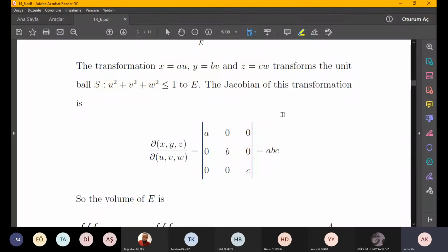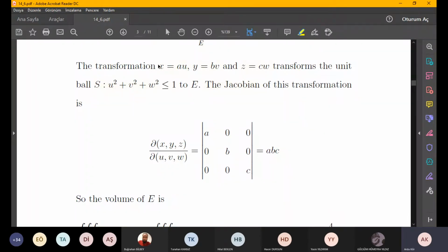Then, of course, for the last second step, we need to take the Jacobian, find the Jacobian determinant. So that means you have to find the partial of x, y, z with respect to u, v, and w.